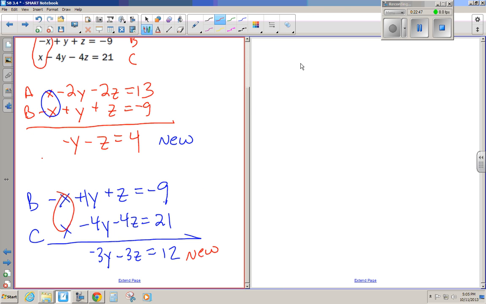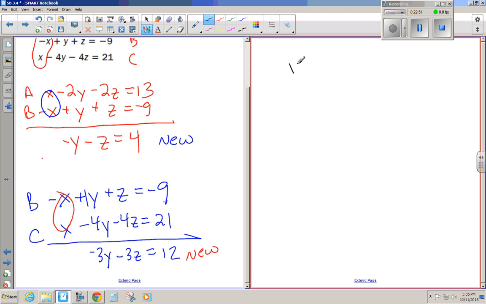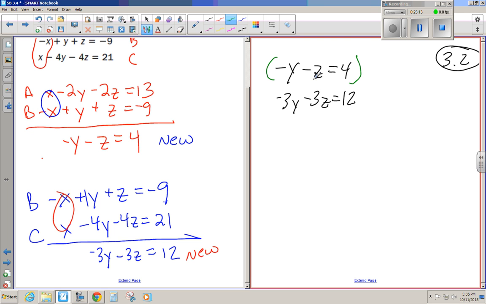Now that you have 2 new equations, negative y minus z equals 4, and negative 3y minus 3z equals 12, now it's just again like 3.2. All you have to do is figure out what you multiply the top equation by to make these coefficients be opposites.